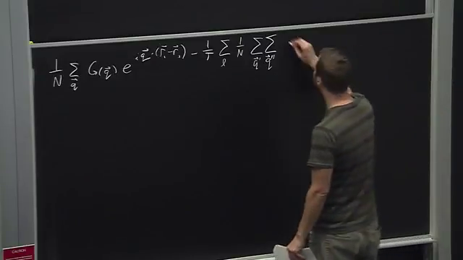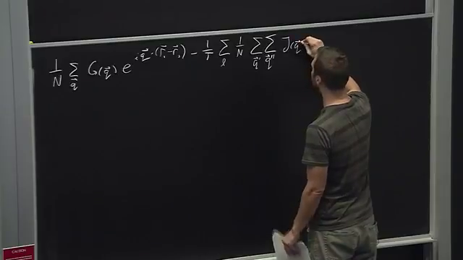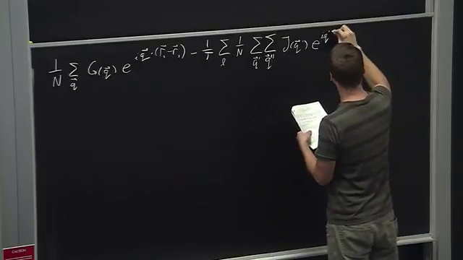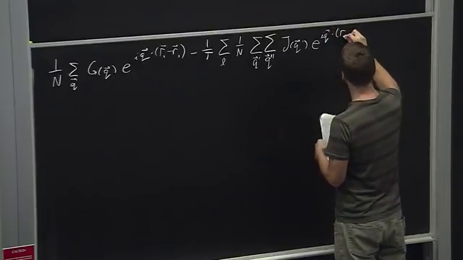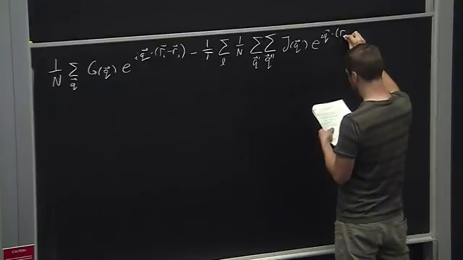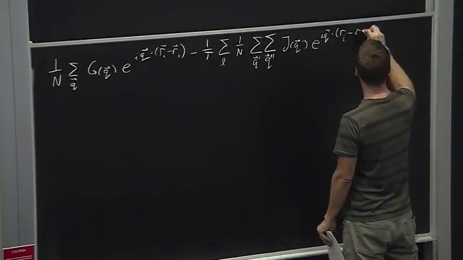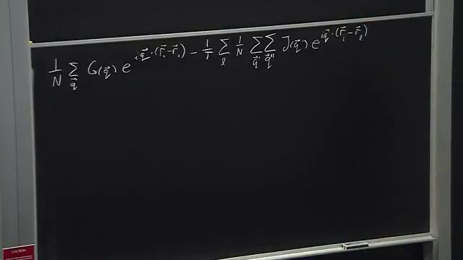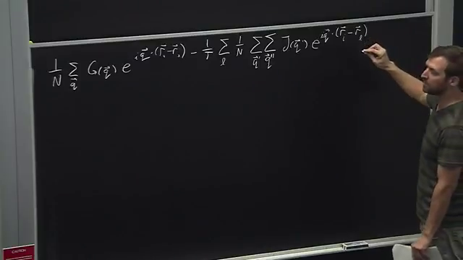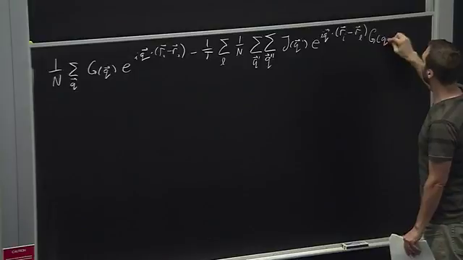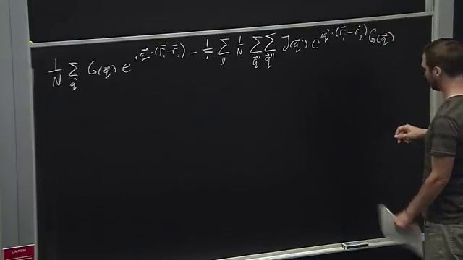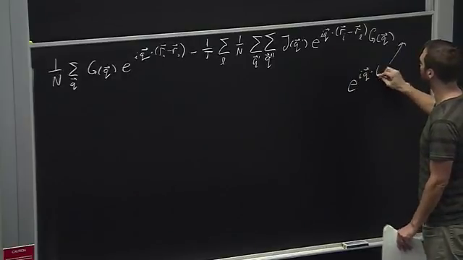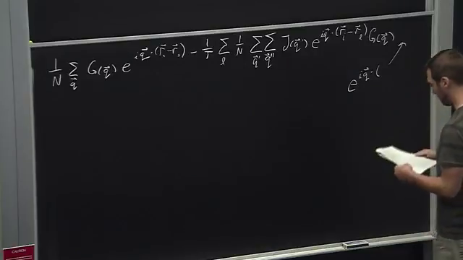So I got J of Q, let's do prime for J, Q prime, e to the i Q prime dot R, that's going to be Ri minus RL, say. Or RL minus Ri. Then I need G of Q and e to the iQ dot my labels L and J.